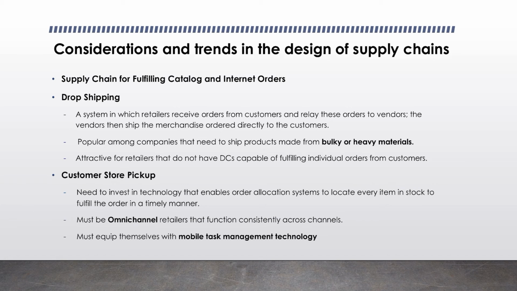Also, they must be omnichannel retailers that function consistently across channels. Moreover, retailers must equip themselves with mobile task management technology. This technology is a wireless network and mobile device that receives demand notifications and enables a speedy response.